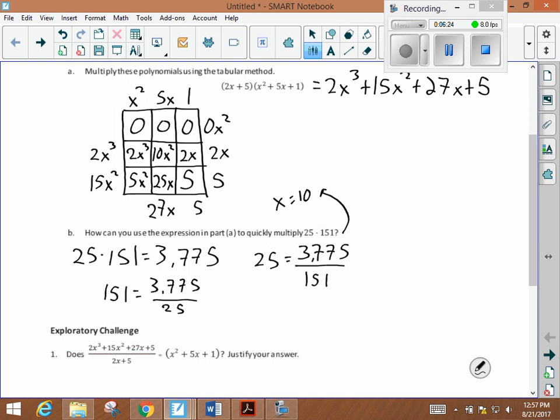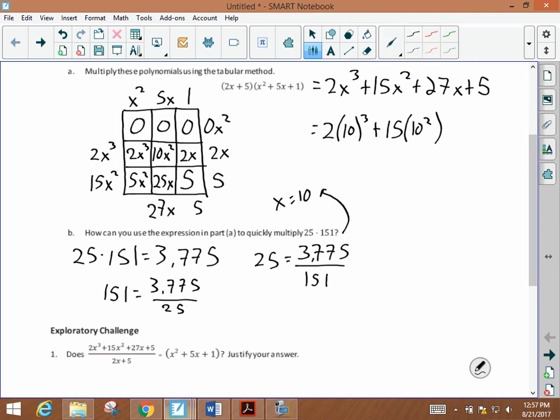If x is 10, then I have 2 times 10 cubed plus 15 times 10 squared, plus 27 times 10, plus 5.